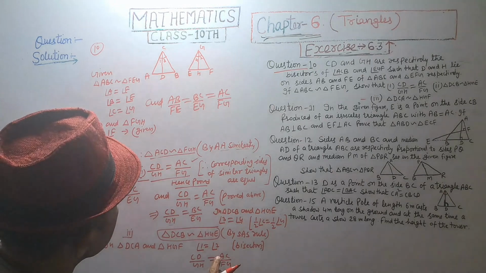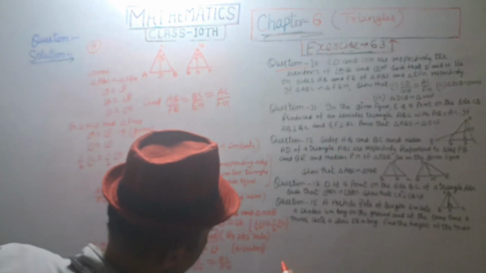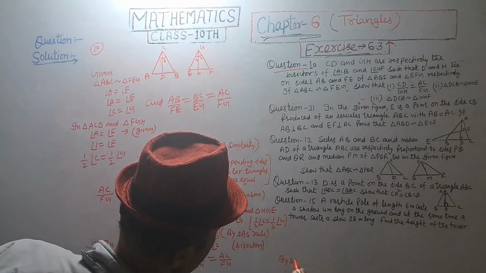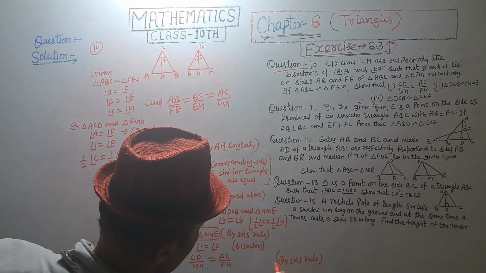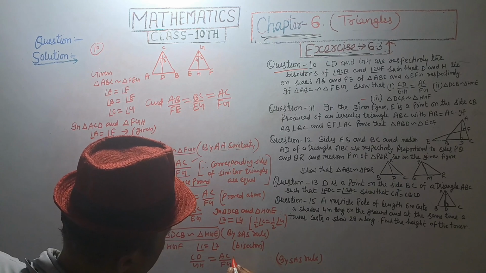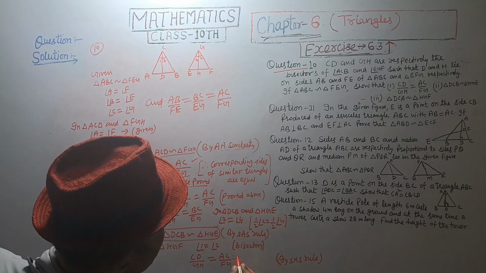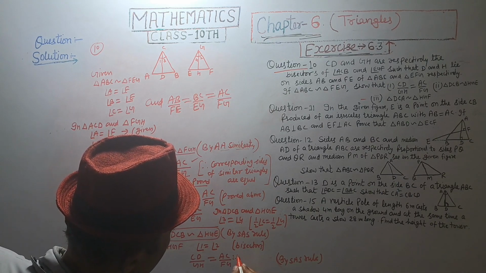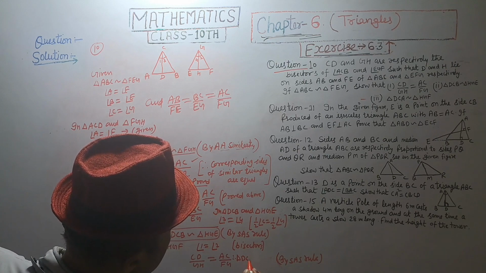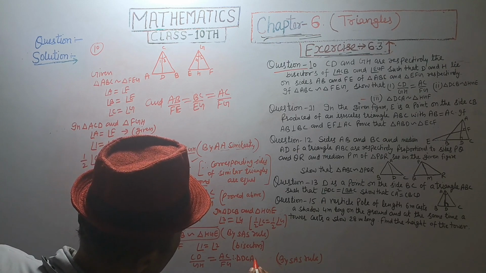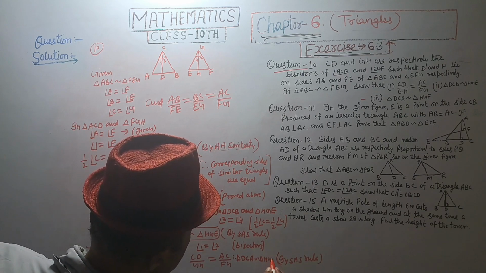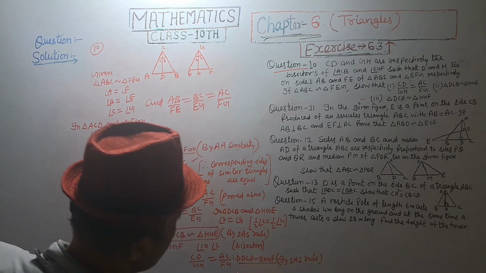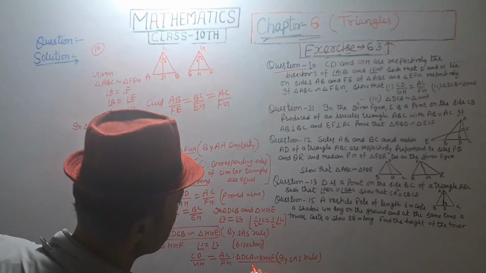Side angle side, by SAS rule, we get triangle DCA is similar to triangle HGF, hence proved.